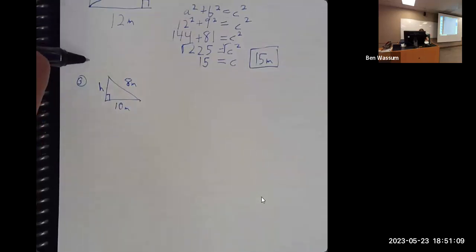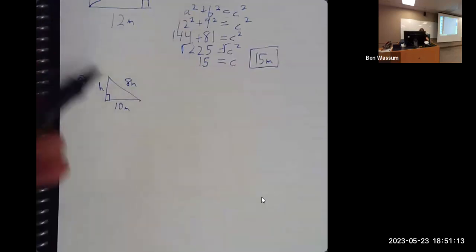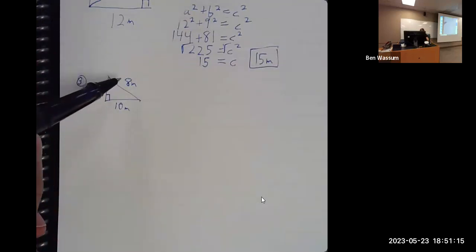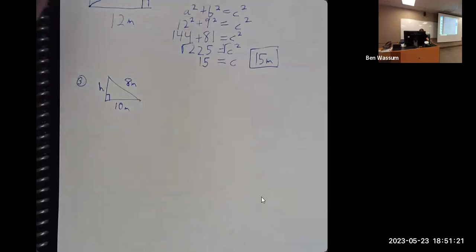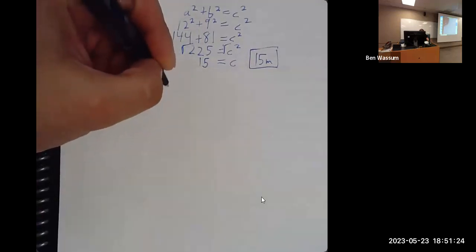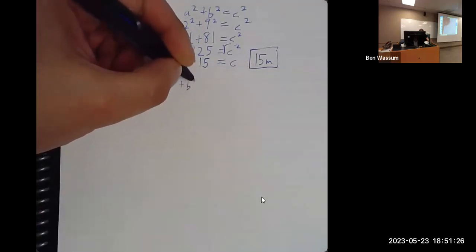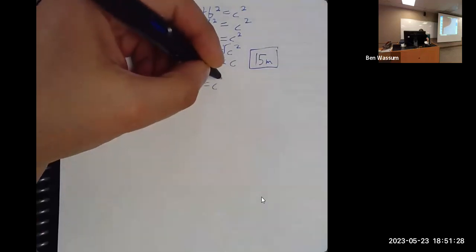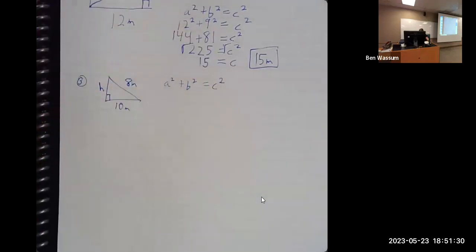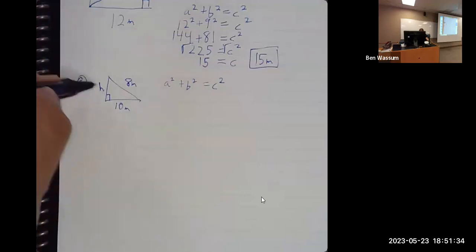Now, unlike the other problems where they've given us both legs and we've had to find the hypotenuse, in this case, we have the hypotenuse and one of the legs, and we're having to find the other leg. Well, that's fine. Write out the formula every time until you have it down. A squared plus b squared is equal to c squared. Now these would be our legs.